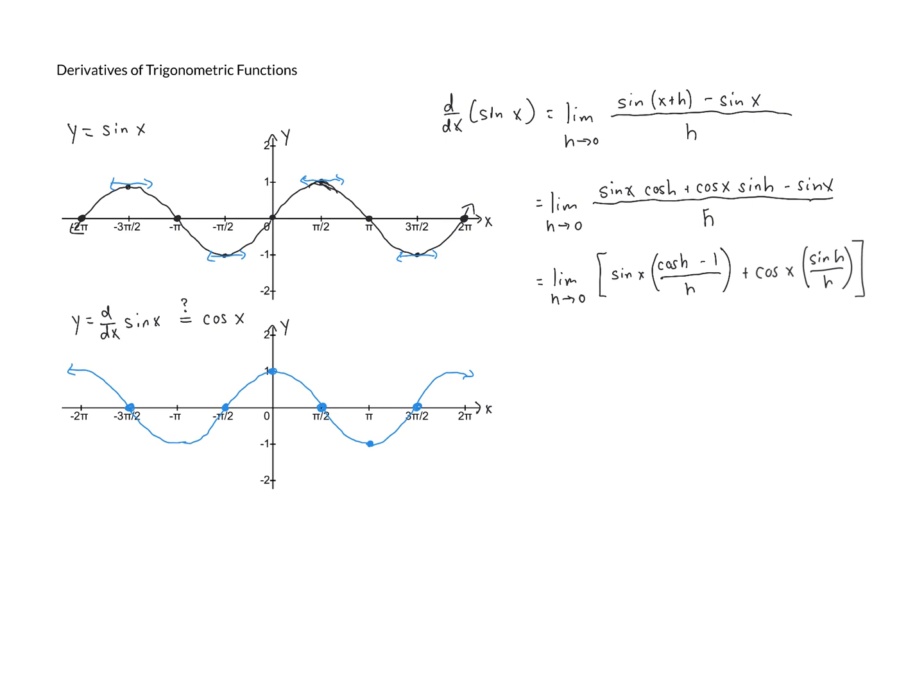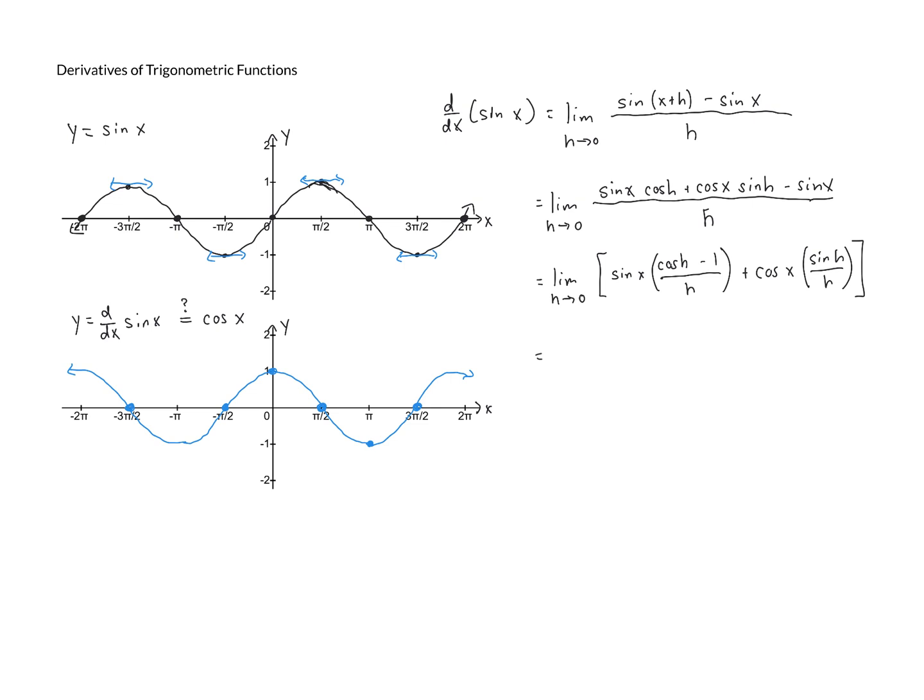Now, when we look at this limit, we can separate this into two limits, the sum of this first limit plus the second limit. And notice that the limit is as h approaches 0. So sine of x and cosine of x are effectively constants with regard to h. They don't have h's in them, so we can pull those outside of the limits.